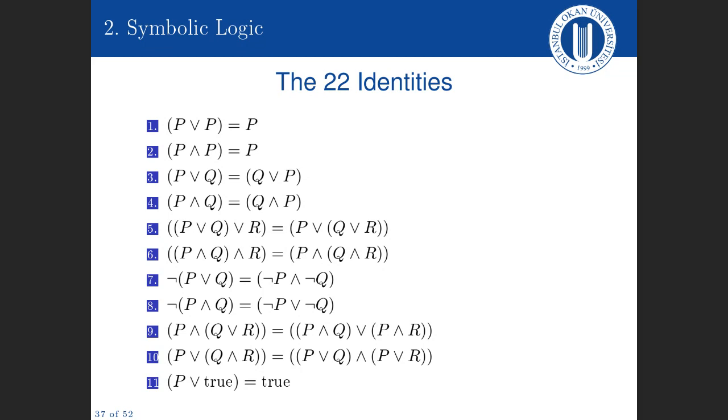For 7 and 8, if we have a not symbol outside a bracket, we can move it inside the bracket. But if we do that, we need to change an or to an and, and an and symbol needs to change to an or.